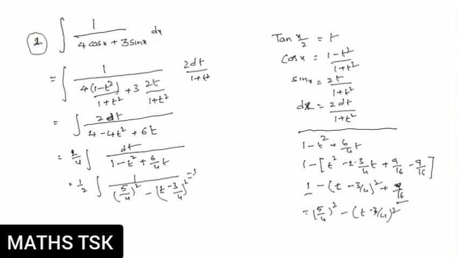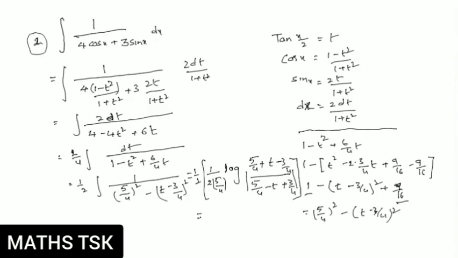So the formula for this is 1 by 2a, and 1 by 2a is 2 into 5 by 4, into log of a plus x by a minus x, that is 5 by 4 minus t plus 3 by 4.